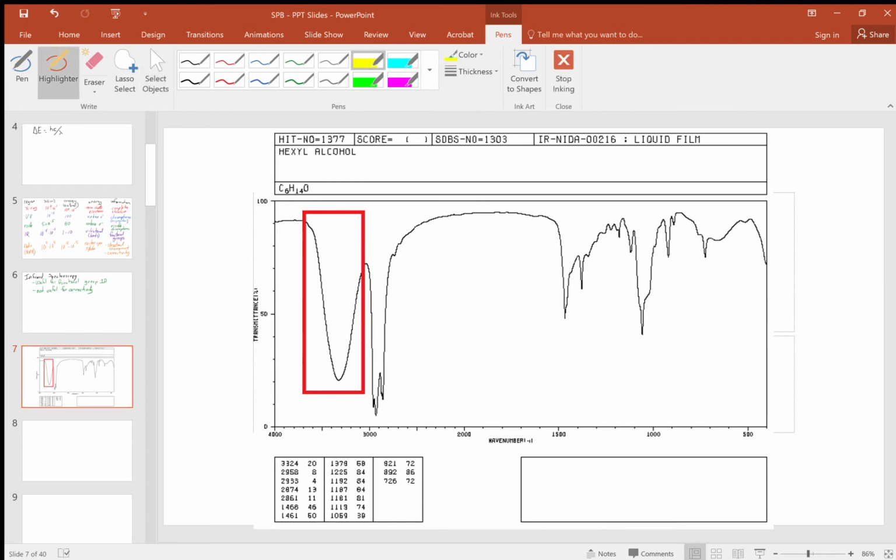Each peak is going to have a wave number associated with it, and we'll explain in a few minutes what wave numbers mean. In addition to that, each peak will have a percent transmittance. Notice that this percent transmittance scale goes from 0 at the bottom to 100 at the top. So the lower the transmittance is, the more intense the peak is.